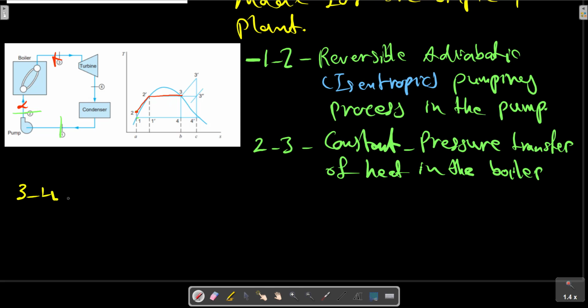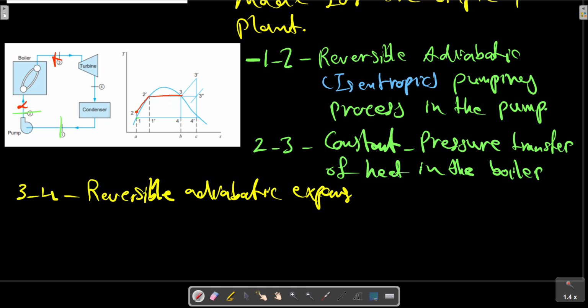Process 3 to 4, reversible adiabatic expansion in the turbine.